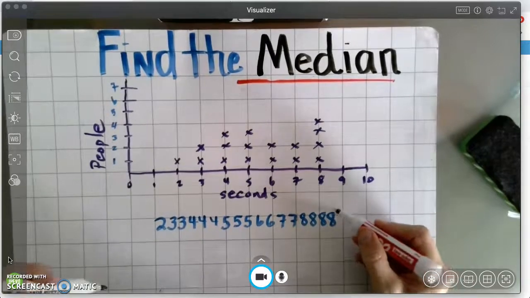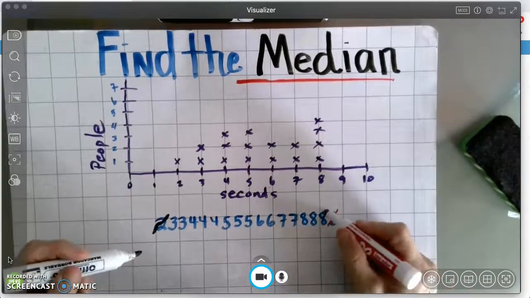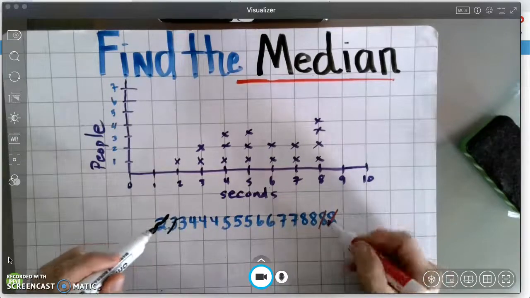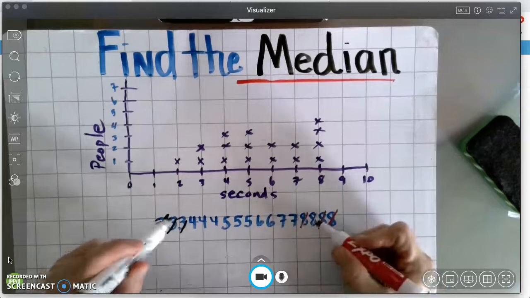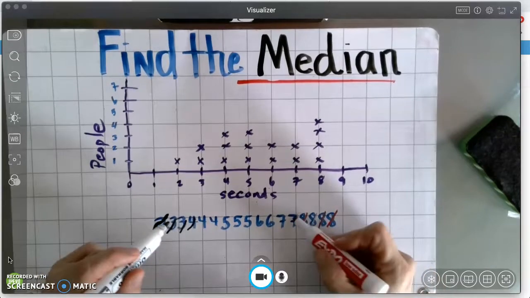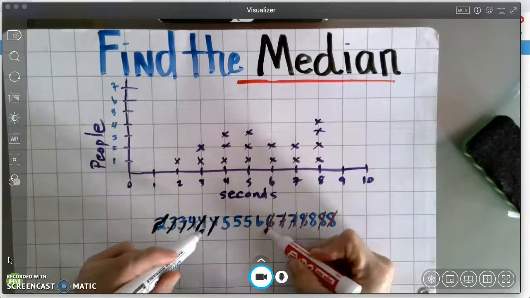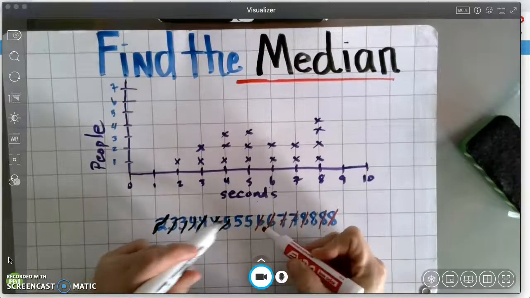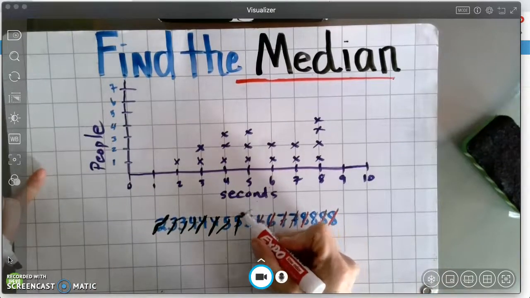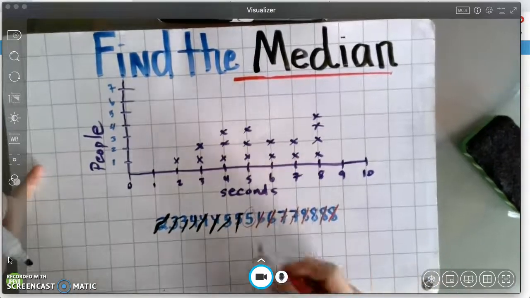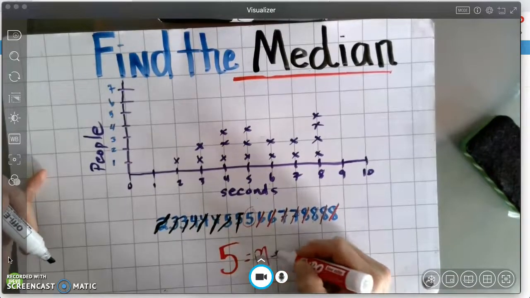So I'm going to cross out the 8 and the 2, cross out the 8 and the 3, cross out the 8 and this 3, cross out this 8, cross out the 4, 7, 4. Just keep crossing them out until you have one that's left. That's 5. 5 is your median.